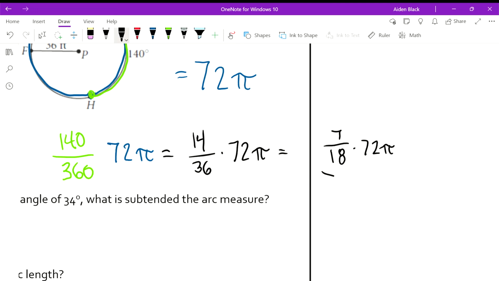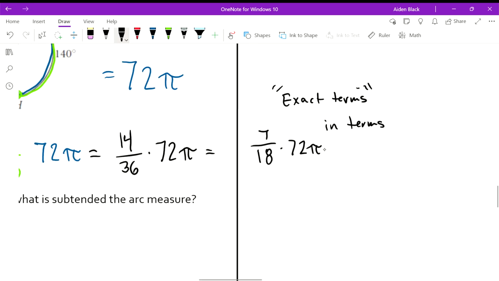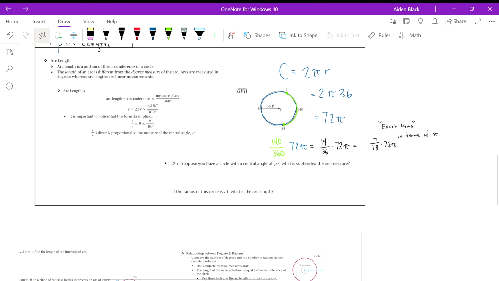And this is about as reduced as you need to get it, so long as it says exact terms, or if it says in terms of pi. Maybe the next step you could do is take 7 and multiply it by 72 and just keep that in the numerator. But this looks good to me. So that's arc length in a nutshell.